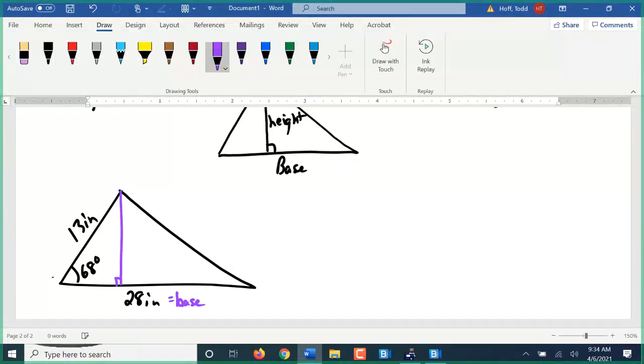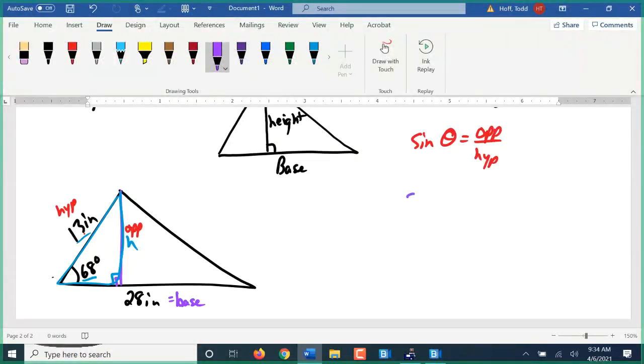You'll notice that when I draw in that height, it forms a right triangle over here. I have the right angle, but I also have this angle and the 13 inches, which means I can find that height. According to my 68-degree angle, the height would be my opposite side, and the 13 would be the hypotenuse. That's going to be dealing with sine. Sine theta equals opposite over hypotenuse.